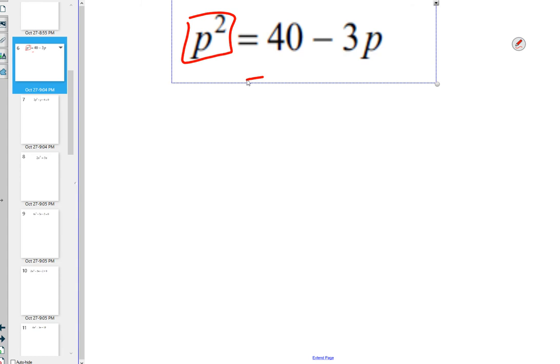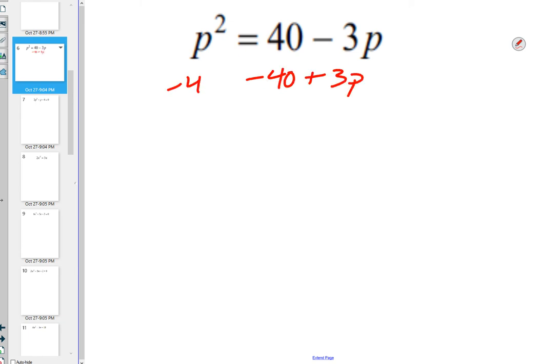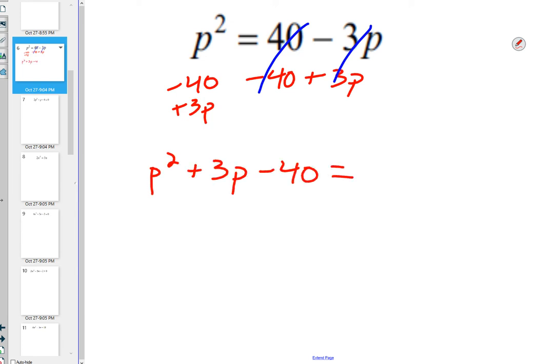What does it have in front right now? It has a 1, and so I want it to stay positive. If I were to move that over to the right, it would become negative, and that's going to give me a headache for factoring. So I'm going to do minus 40 and plus 3p. But I also want to be aware of what standard form is: putting them in order from biggest exponent to least. So the p squared goes first, the plus 3p second, and then the minus 40.